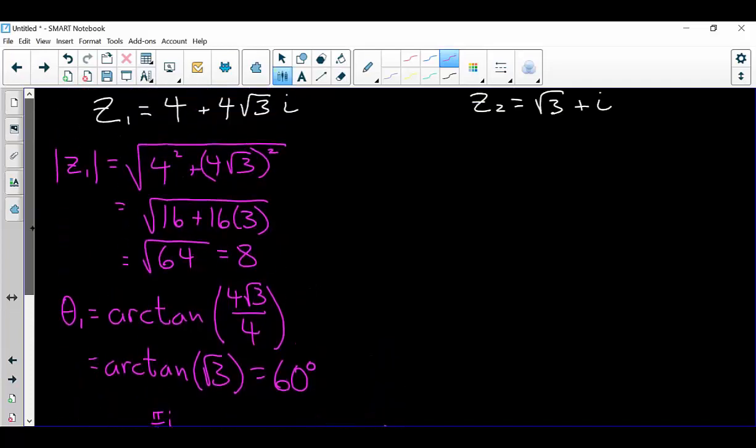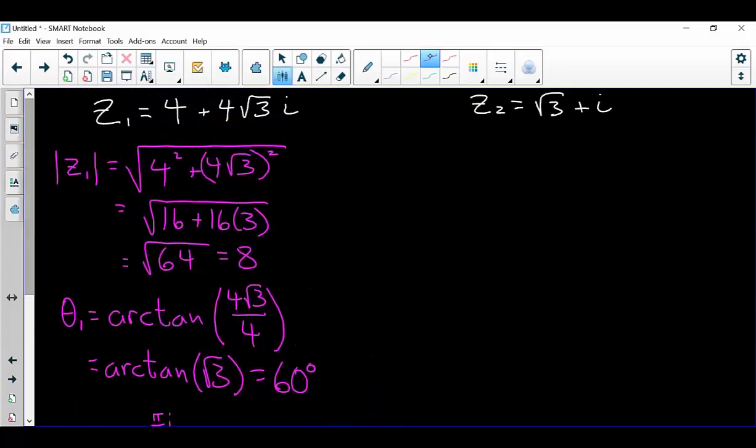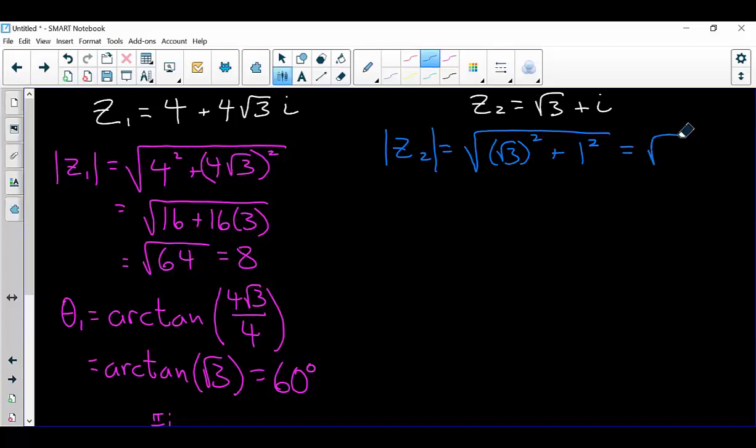Now let's look at Z2. We're going to get the magnitude of that one, which is going to be the square root of 4, which is 2. The real part is square root of 3 and the imaginary part is 1.